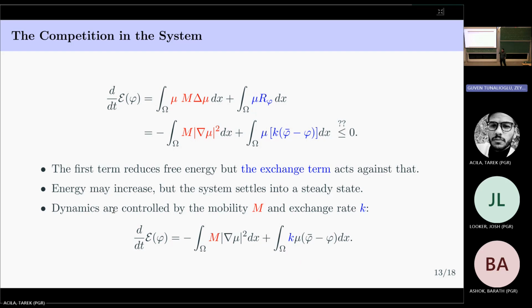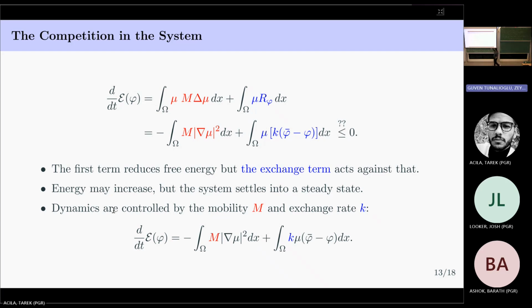So what's really happening here is that the red term, which tries to drive phase separation, is trying to go towards equilibrium, reduce the mass, and reduce the energy. And the blue term is trying to exchange mass, providing an active process basically in the system and increasing the energy. When they balance, they meet at steady state, which is what we saw in the plot of the energy.